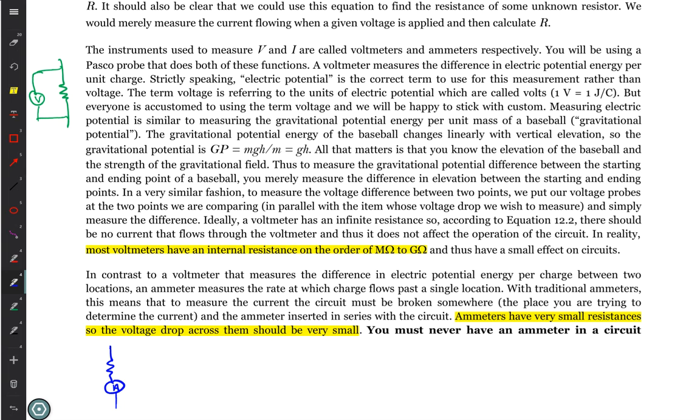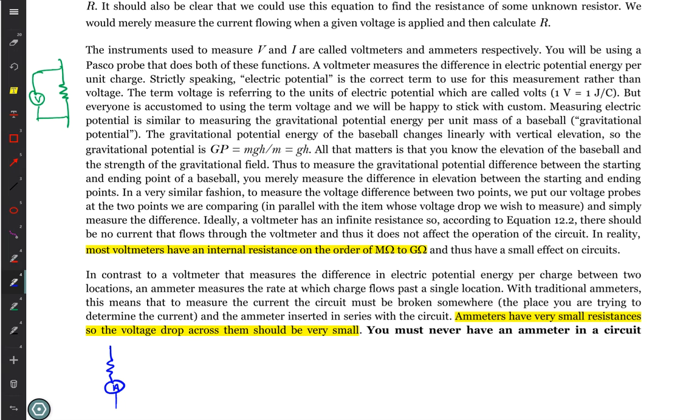We call the ammeter connection a series connection. Series means that all the charge that goes through one has no choice but to go through the next. There's no other pathways. Parallel is what we call the voltmeter connection. That means the tops are connected together, the bottoms are connected together. The charge can go either way.